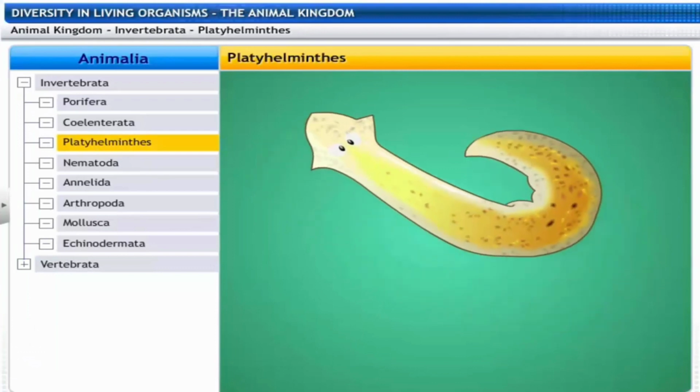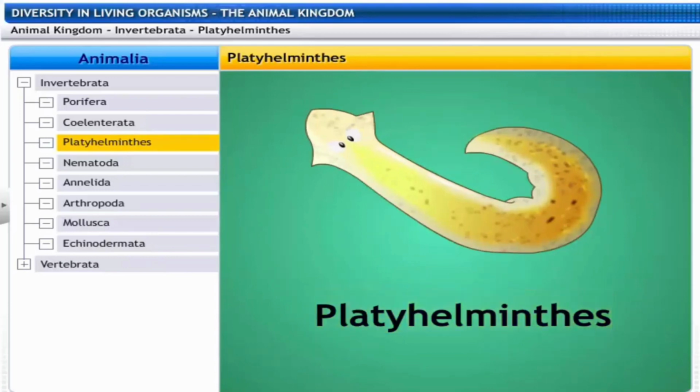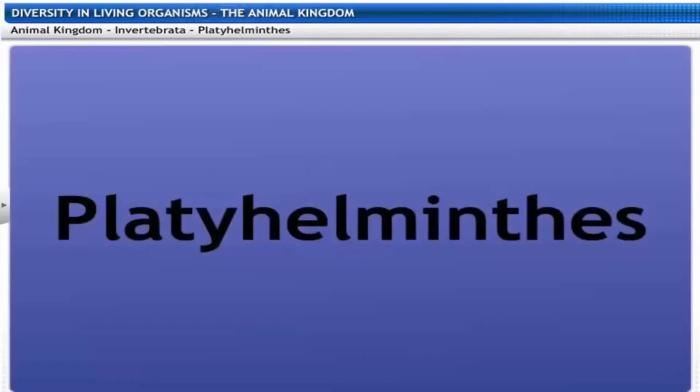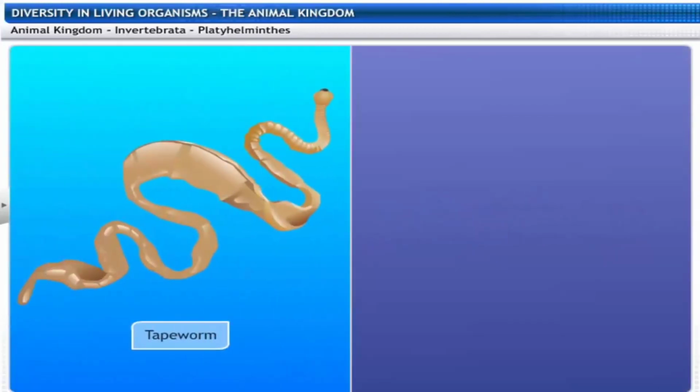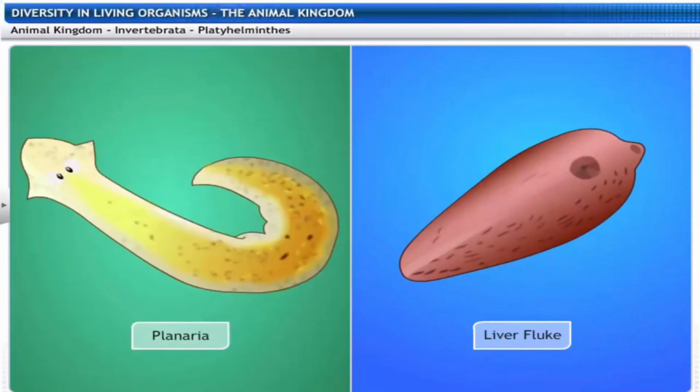Platyhelminths get their name from 2 Greek words, platy meaning flat, and helminths meaning worms. The phylum Platyhelminthes includes tapeworm and liver fluke. Platyhelminths are either free-living or parasitic.